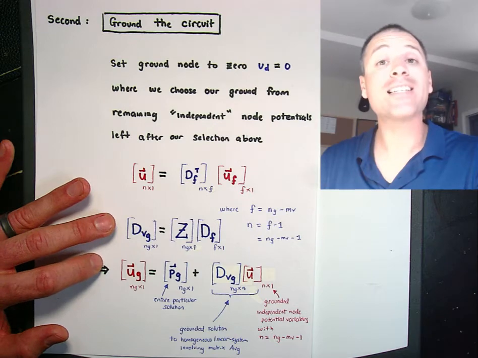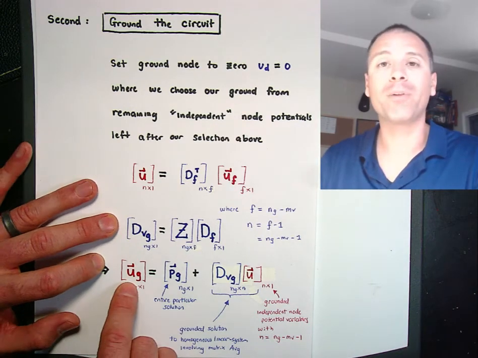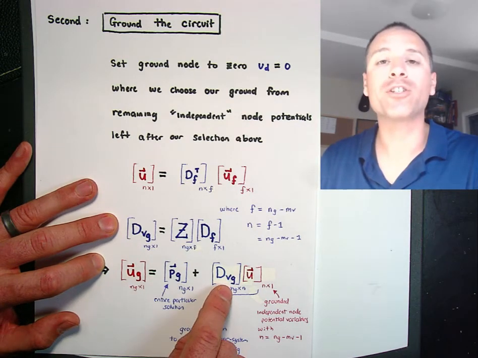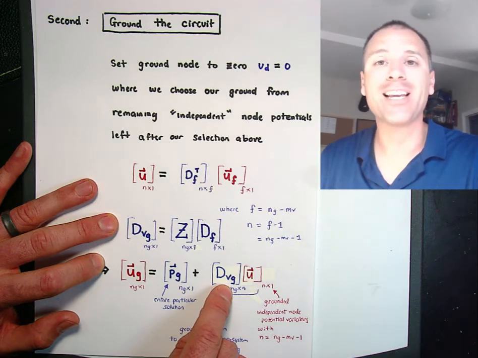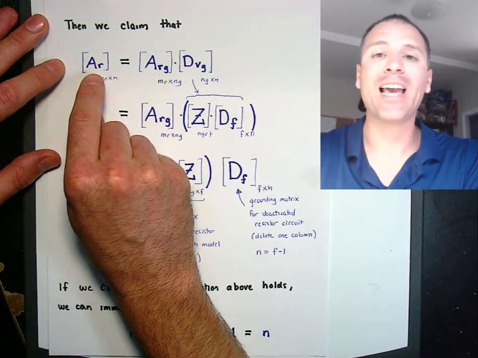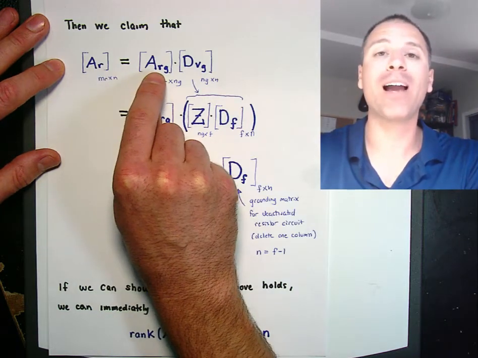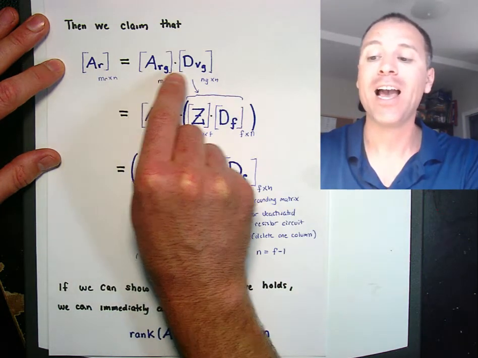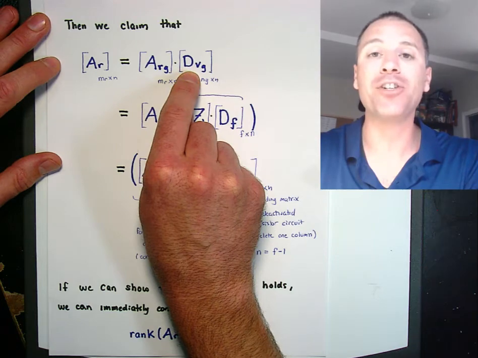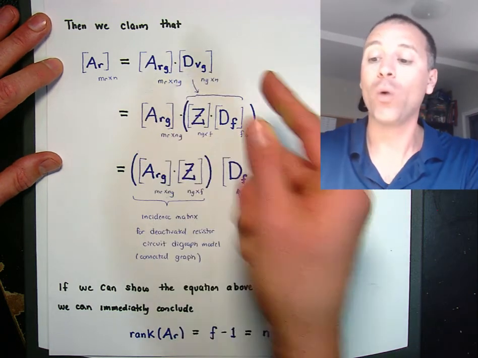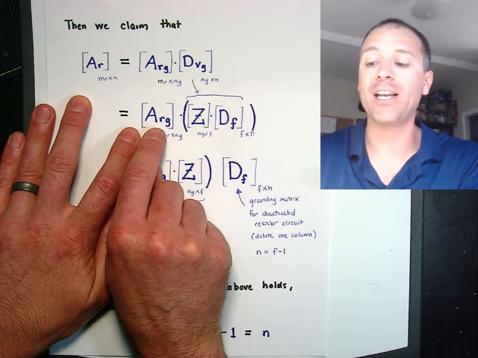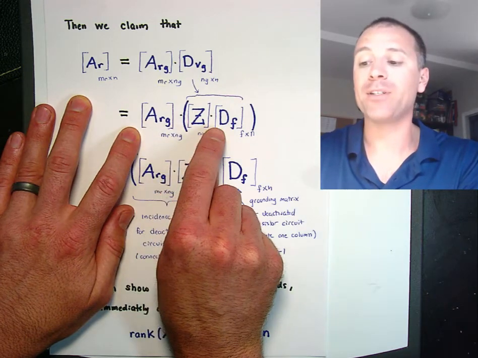This leads to a slightly reduced version of our complete solution where we have no reference to ground in that representation. We're going to claim that the matrix A sub R that we used in the LANA algorithm actually comes from multiplying the original A sub RG times this grounded deactivation matrix D sub VG, which another way to say that is it's A sub RG times Z times D sub F.